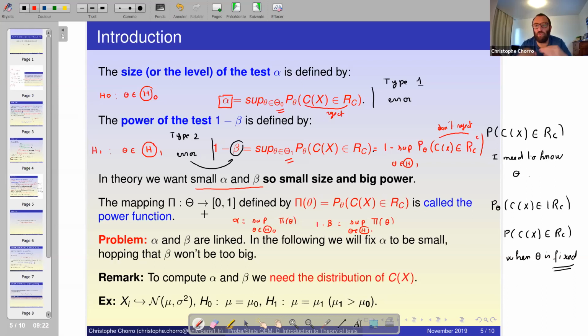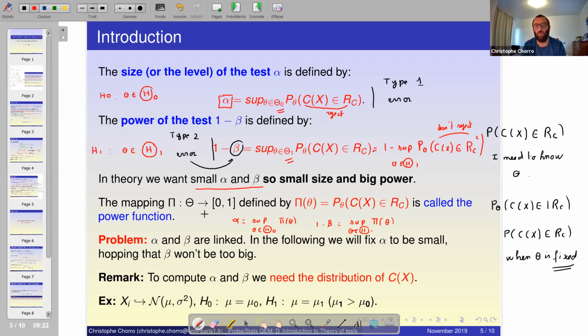So in the perfect situation, I want to minimize alpha and beta to obtain a small size and a big power for a test, but in practice it's not possible because size and power are linked.